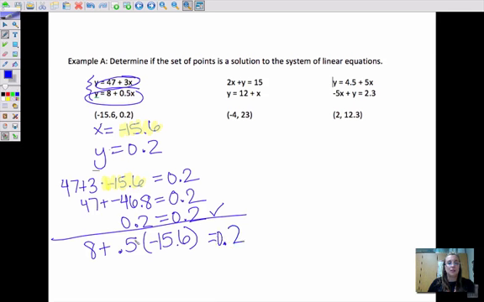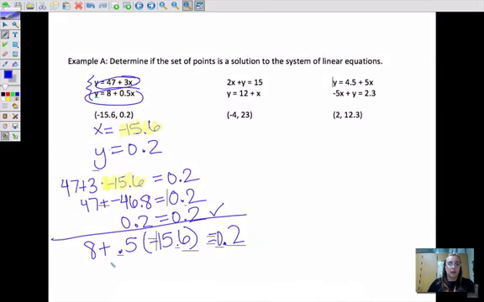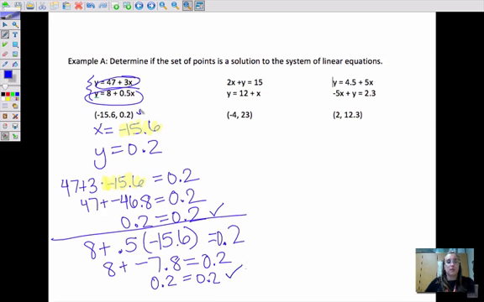Same x and y, different equation, make sure it works. So I'm going to take 0.5 times negative 15.6, and that's negative 7.8. Get rid of all these lines here for you. See if that equals 0.2, and it in fact does. So this would be a yes, it is a solution to the system of equations. It works in both of them.